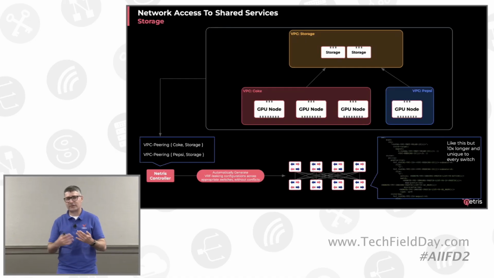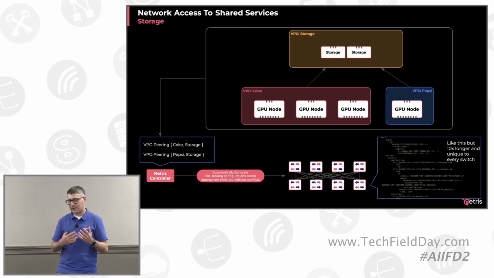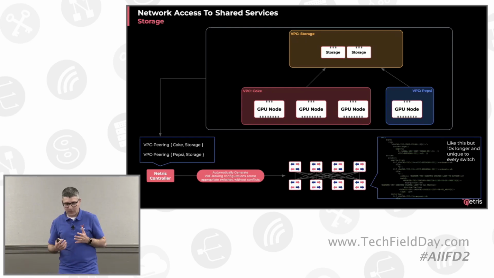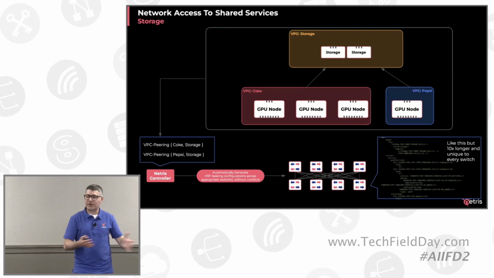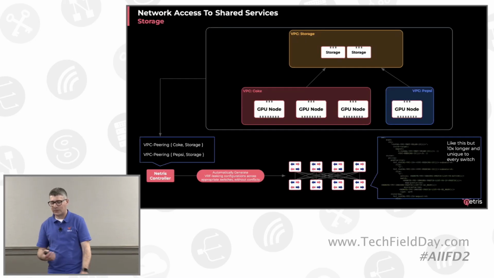But typically they support either of two methods. One is to have different VLANs for different tenants, and one is through what is called VRF leaking, or we call it VPC peering.